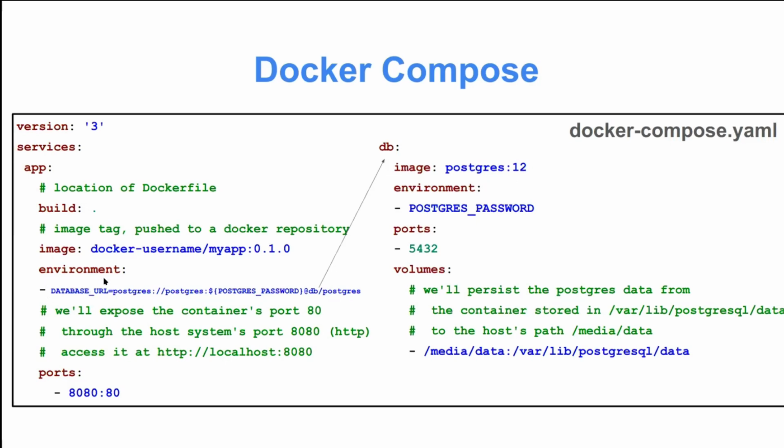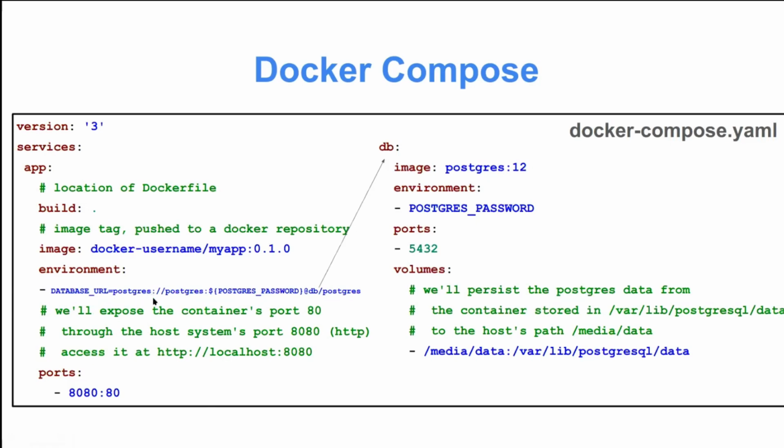Then here we have environment. So a lot of times, if you're going to be using a database, you would want to configure it via an environment variable. And so this is just an example of specifying this database.